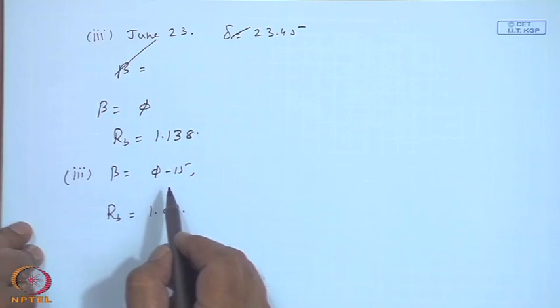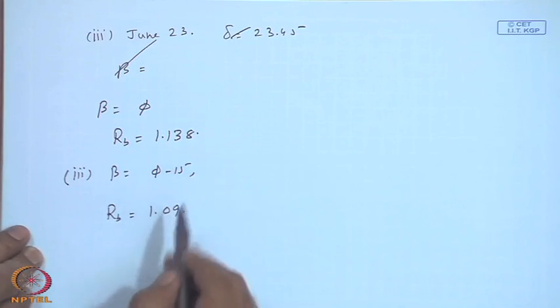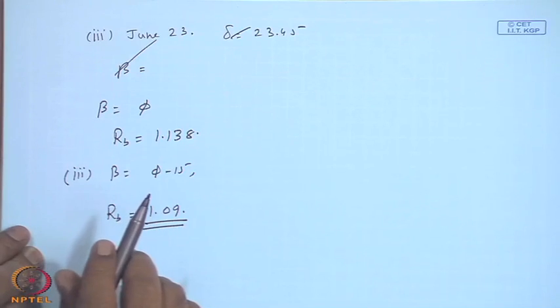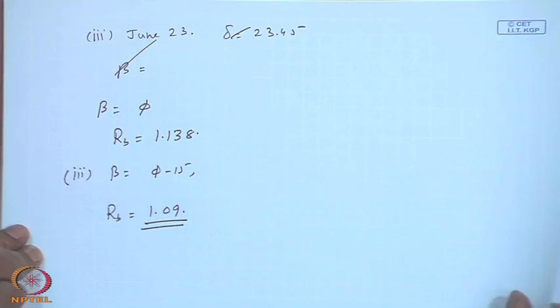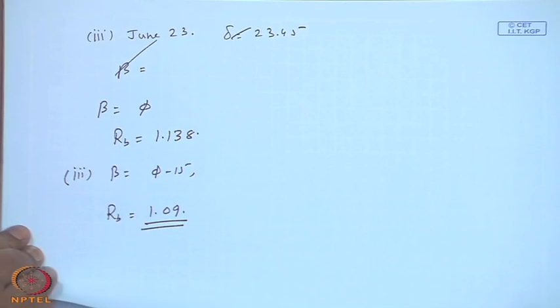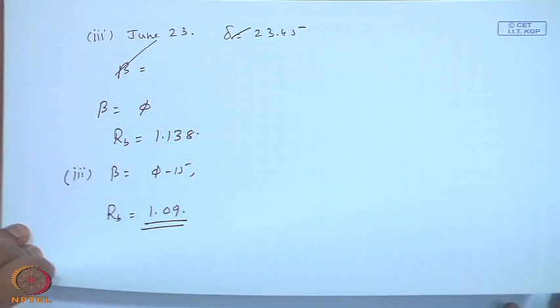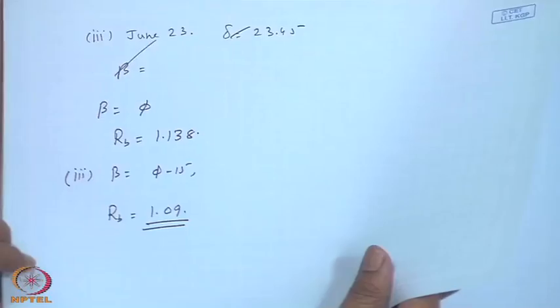So, phi plus 15 and phi minus 15 give you the same RB factor in the month of March, because declination is 0. This will not happen if declination is non-zero. Okay.